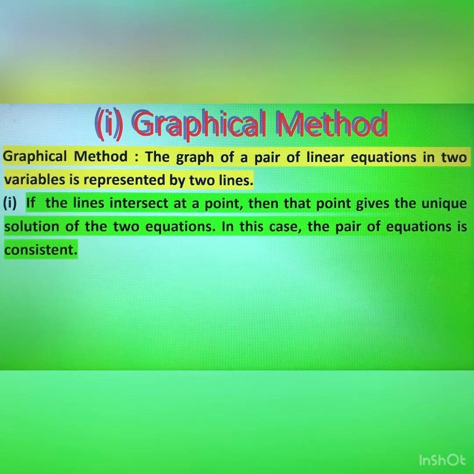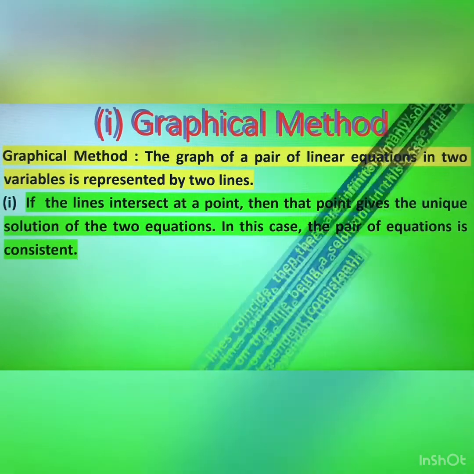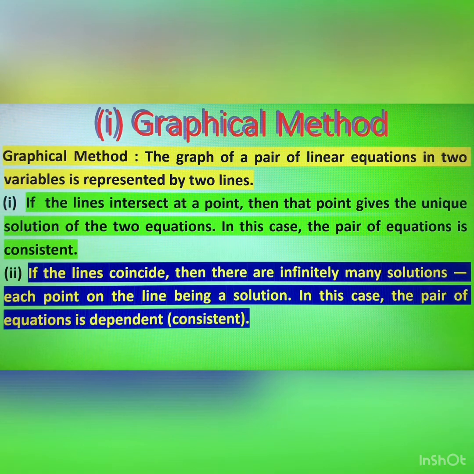It means if two lines intersect each other, the system has only a unique solution, and this is known as consistent. Second, if the lines coincide, then there are infinitely many solutions, each point on the line being a solution.